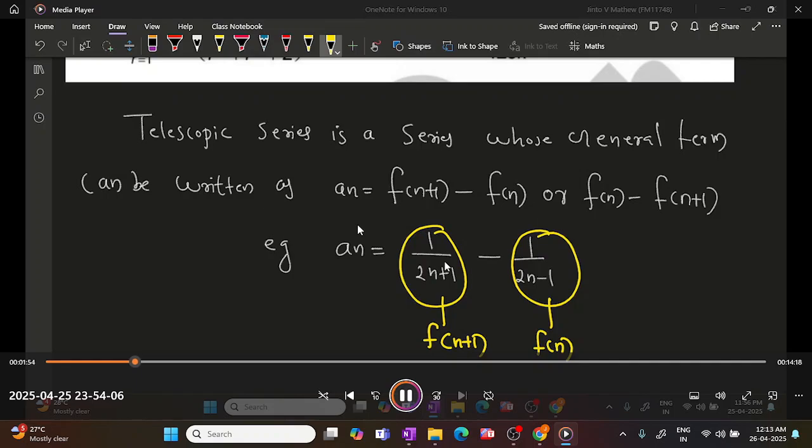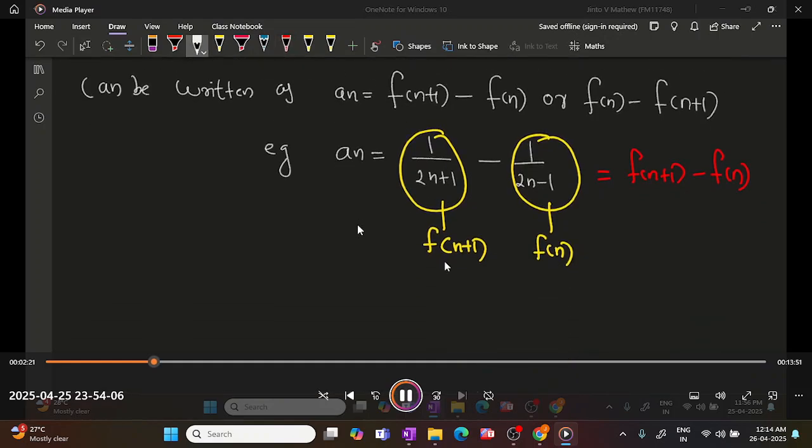Why? Because in this f of n, if you replace n by n plus 1, we are getting this term. So it is of the form f of n plus 1 minus f of n, so that we can call it is a nth term of telescopic series.